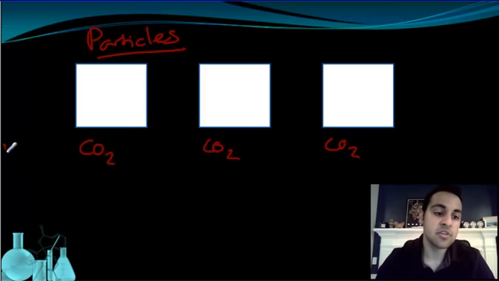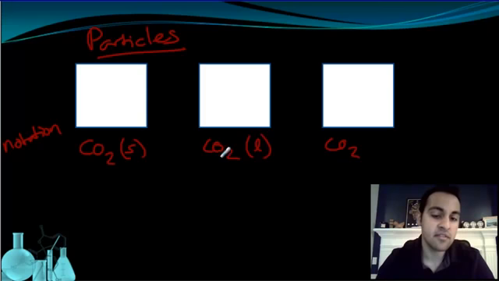In terms of notation, in the first box, I'm going to have CO2, carbon dioxide, with little parentheses surrounding an S here. That notation means that this is solid carbon dioxide, or dry ice. The next one we have is liquid carbon dioxide, so I have a little cursive L in parentheses to indicate that this carbon dioxide is a liquid.